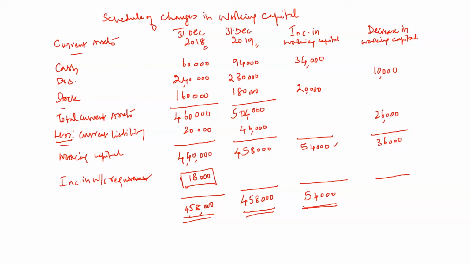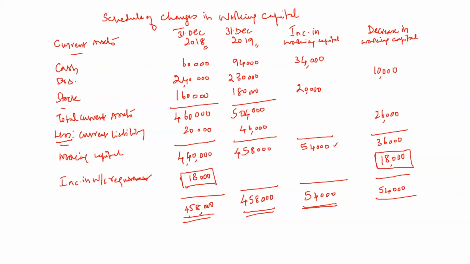So first I am closing the increase column and transferring it over here and just comparing the difference. 18,000. So in both ways, I'm able to observe that the increase is by 18,000 in case of working capital needs for this business.